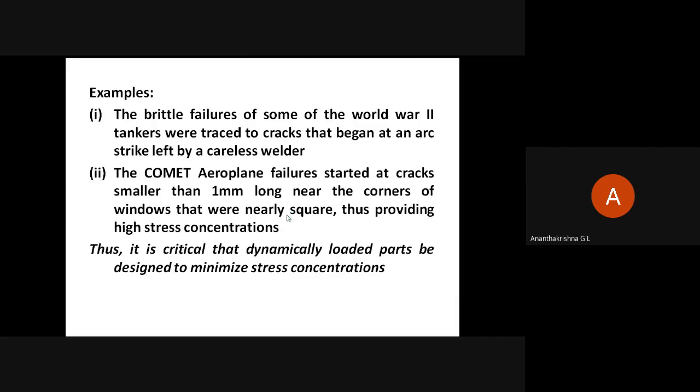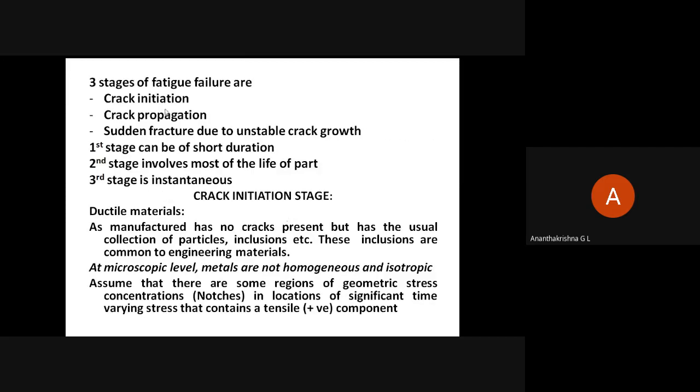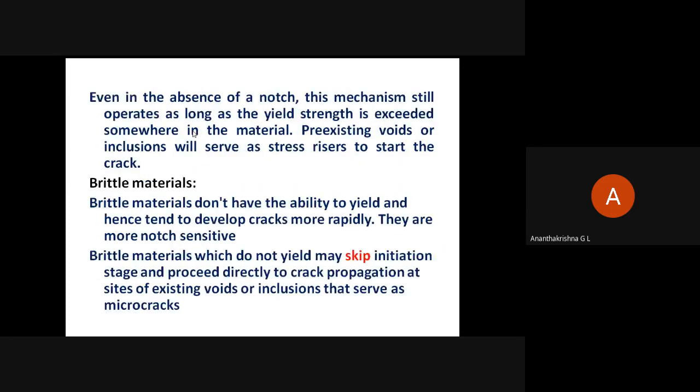And then the three stages of fatigue failure: crack initiation, propagation, and sudden fracture. For ductile materials, we saw there is a presence of slip bands in the localized plastic yielding region. Essentially, slip bands are the regions of intense deformation due to shear motion. So that's what we learned.